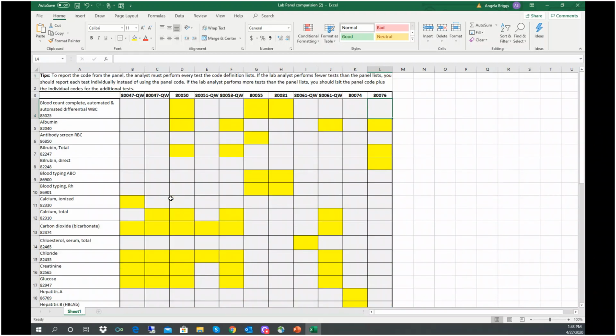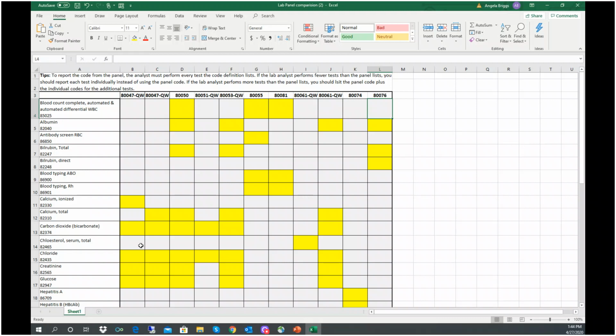And that would be the only thing. So we wouldn't have two panels in that situation. We would only have one, because all the other tests would have been completed for that single panel. So that's how you use this.